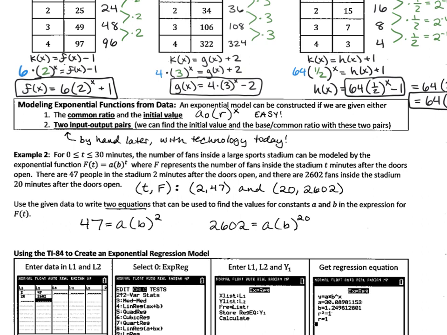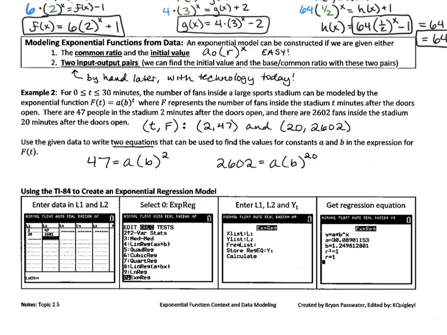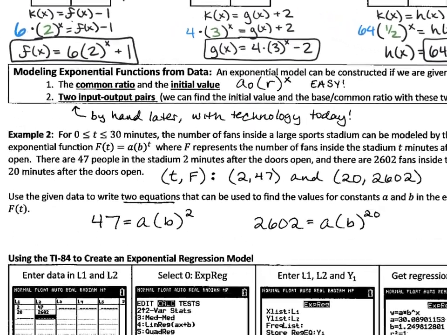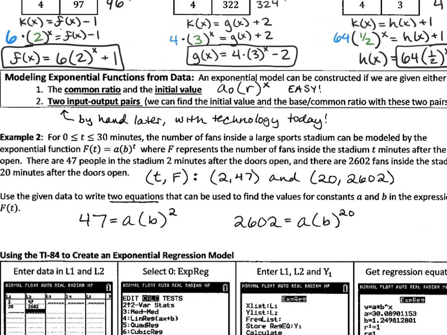There will be one time I round to like 5 decimals because the number is kind of weird, but that's a fluke. In example 2, again, let me read this little box for you. Modeling exponential functions from data can happen in 2 ways. We've technically already done it, finding the common ratio and the initial value.